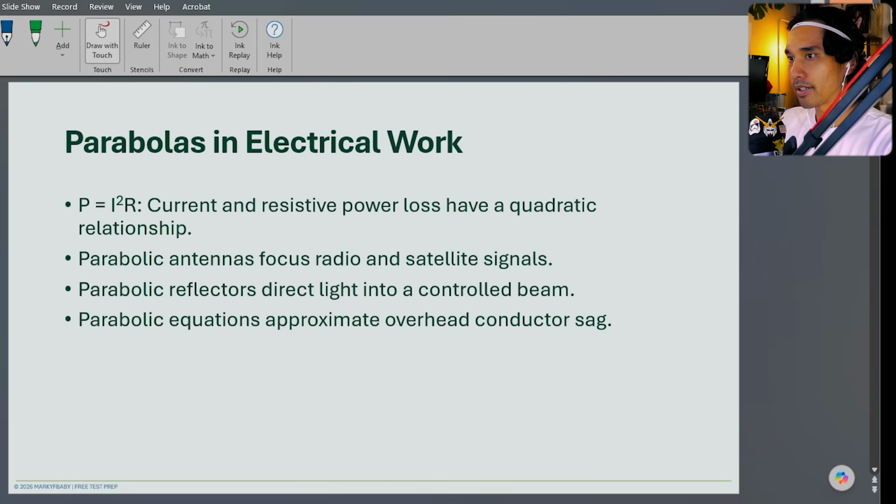Next slide. Parabolas in electrical work. I put this slide here because I had many people in the comments saying stuff like, we're never going to use this stuff outside the aptitude test. Well, if you have that kind of outlook, that victim mindset, well, you're not going to go anywhere, okay?